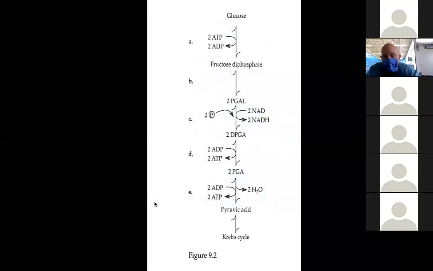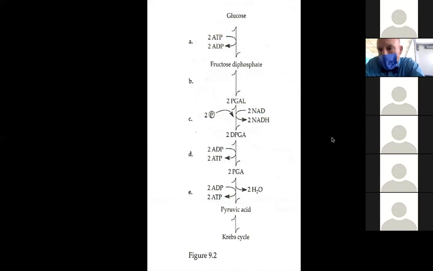Now, here's how it was on the AP exam one day. They really made it shorter. And again, notice they're never going to ask you to tell all the steps of glycolysis, but they might expect you to understand what's going on in the steps. At the top, we're not breaking glucose apart yet, but we're investing 2 ATPs.